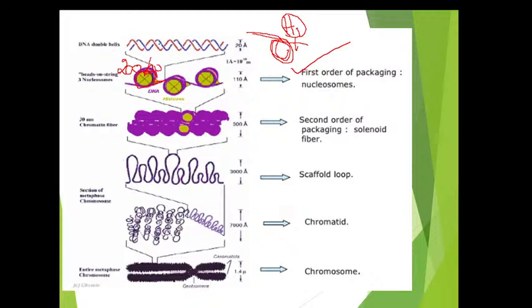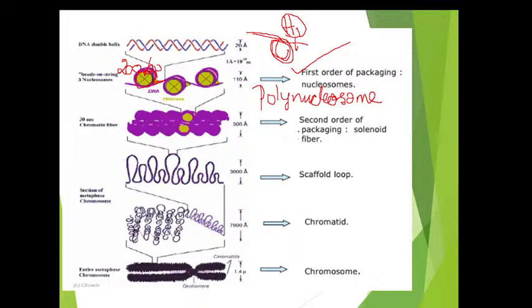Then, many of these nucleosomes join together to form a structure called polynucleosome. Polynucleosome means many nucleosomes. A group of nucleosomes is called polynucleosome, and polynucleosomes look like beads on a string.